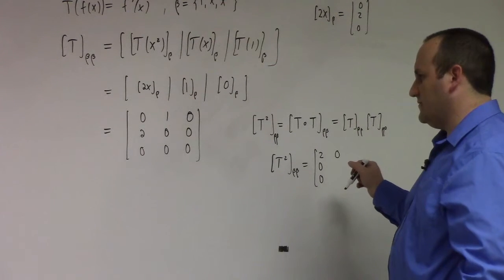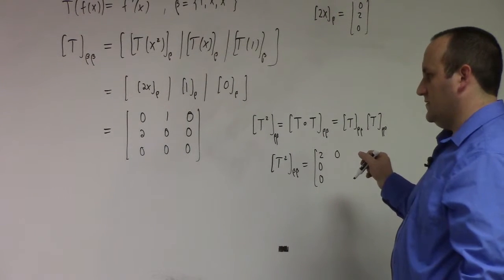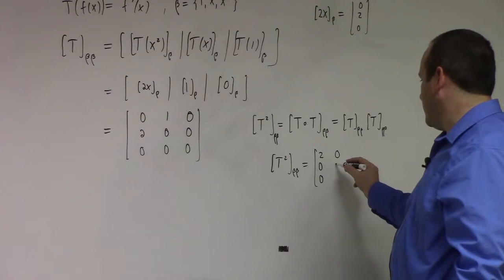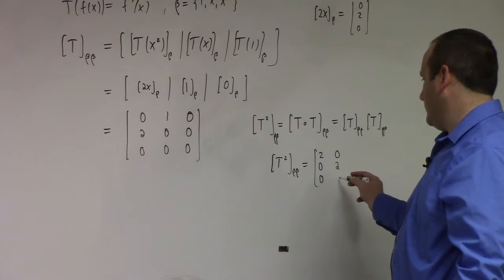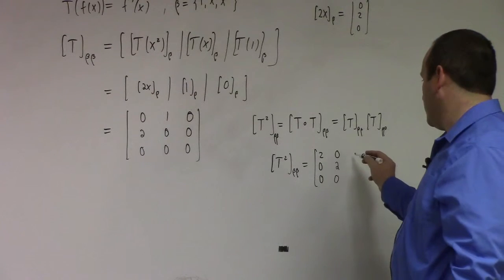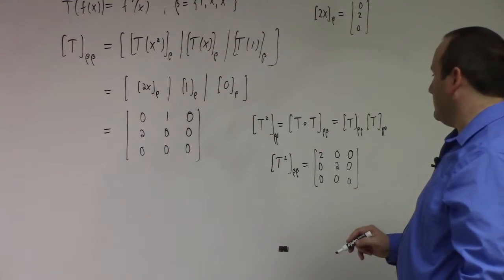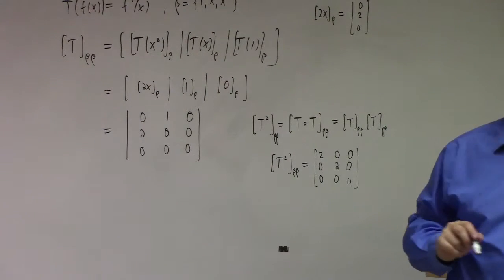Did I do it right? 2, 0, 0, then what's next? 0. It seems like I get 2 again, huh? And then what? 0, and then zeros. All right. What happens, and what do you think that would be?